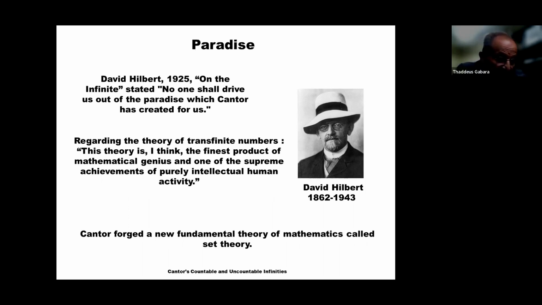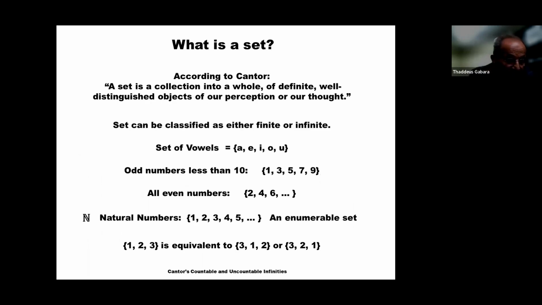Basically, Cantor carved out a new field in mathematics called set theory. So what is a set? According to Cantor, a set is a collection into a whole of definite, well-distinguished objects of our perception or our thought.